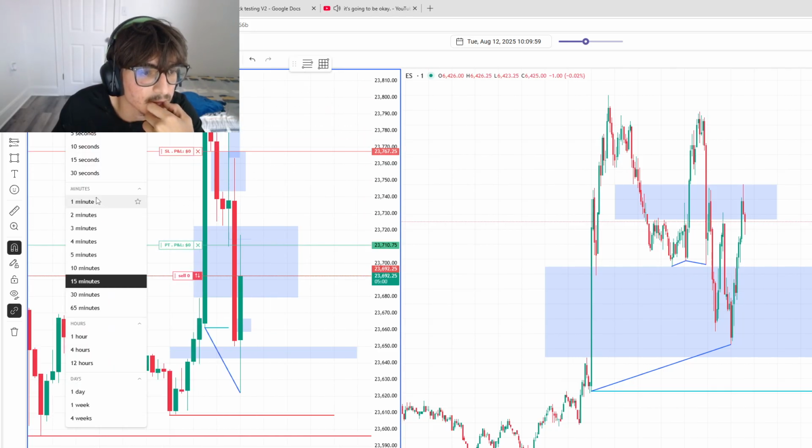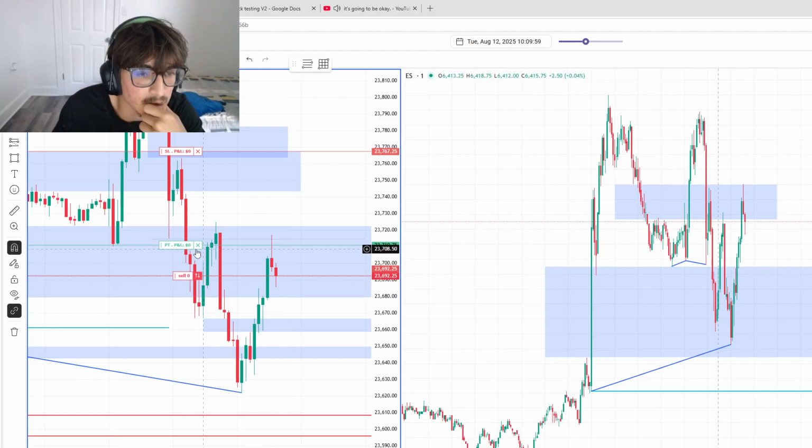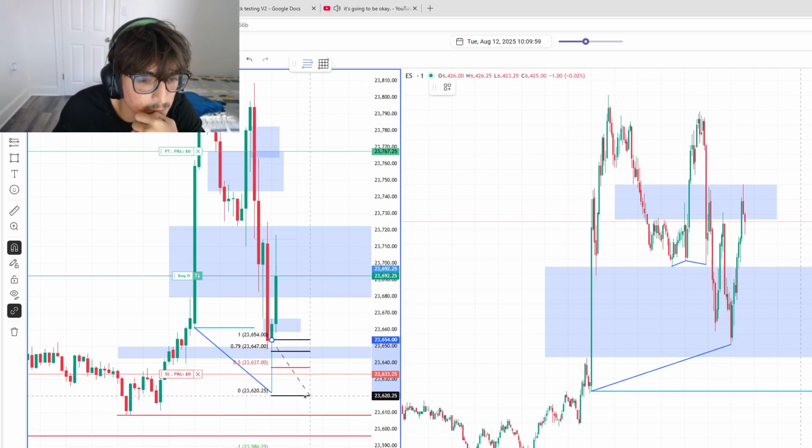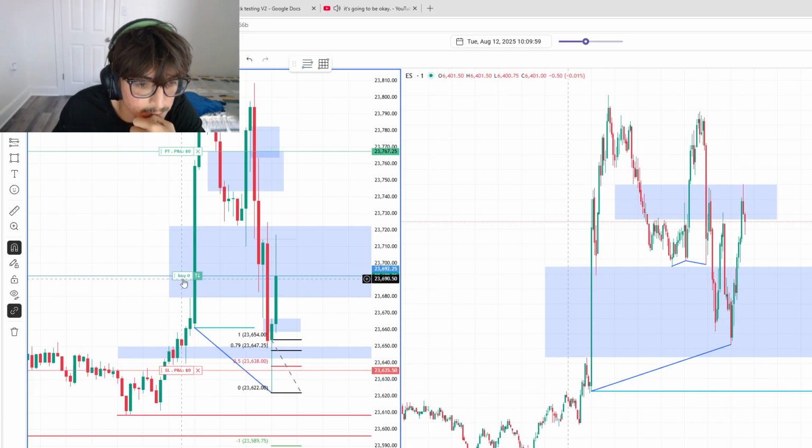2 minutes, nothing. 15 minute, 1 minute. Okay, so we're gonna enter right here. Enter for some buys. Stop loss, 5 minute gap. We will put our stop loss below the CE of the candle right here.